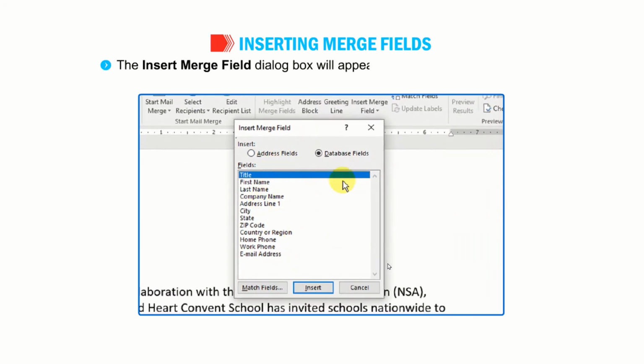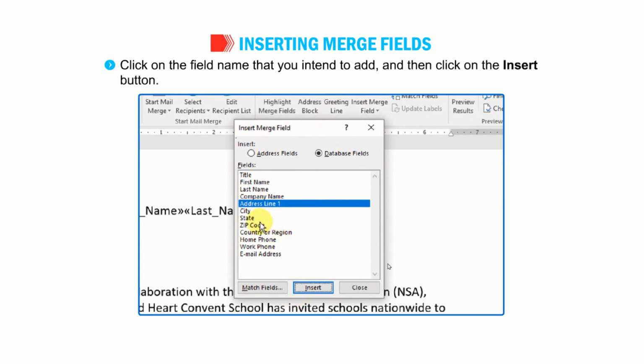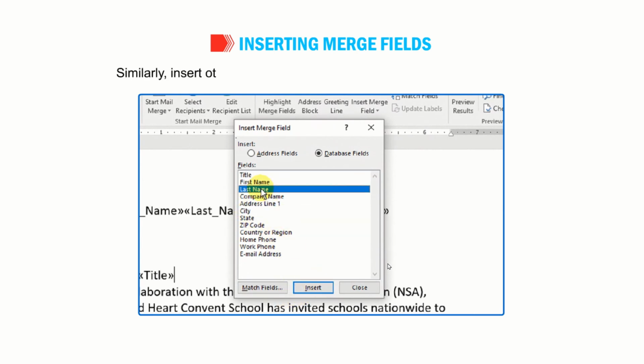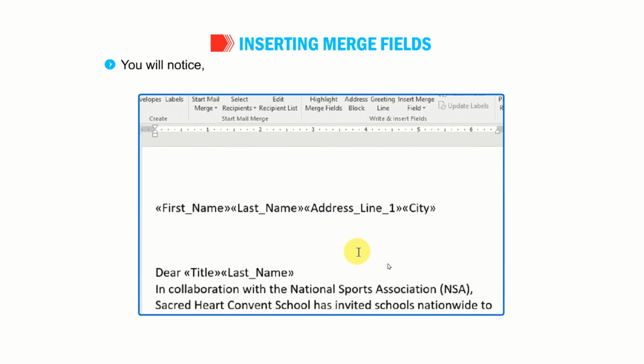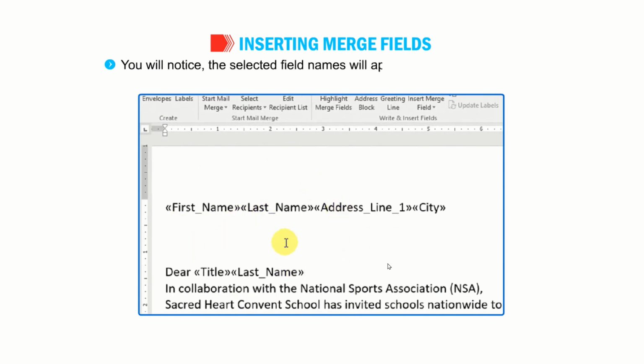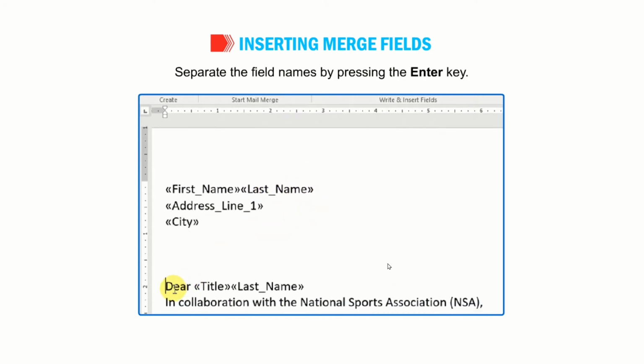The Insert Merge Field dialog box will appear with the list of field names you have created. Click on the field name that you intend to add and then click on the Insert button. Similarly, insert other fields into the document and click on the Close button. You will notice the selected field names will appear in your document one after the other. Separate the field names by pressing the Enter key.